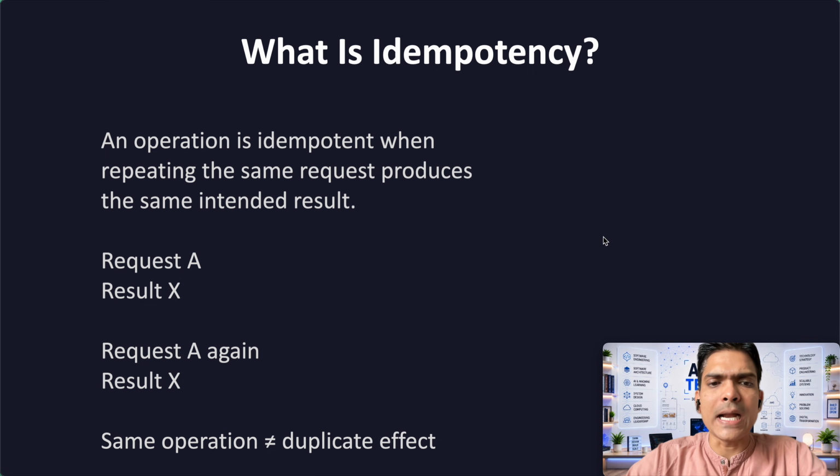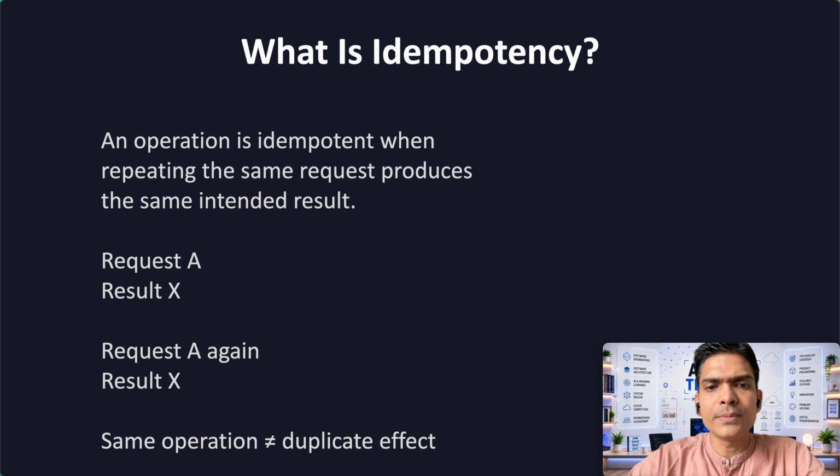So, what exactly is idempotency? An operation is idempotent when repeating the same request produces the same intended result. Think of it this way: if I send a request A once, I get result X. If I send request A again, I should still get the exact same result, which is result X. Not a different result or a duplicate effect.